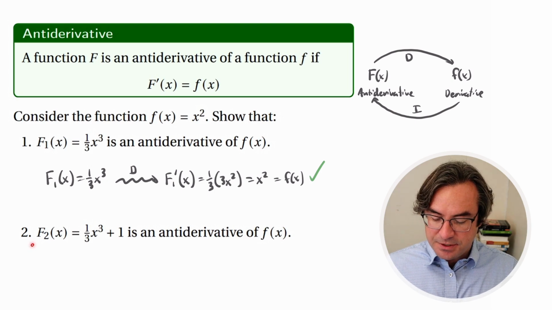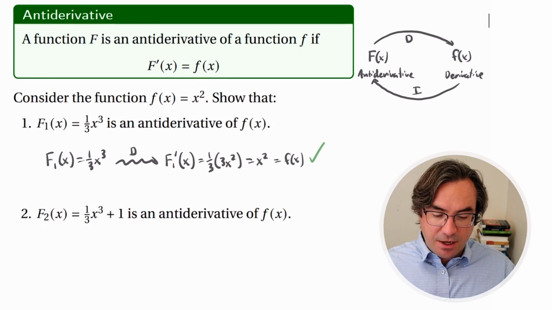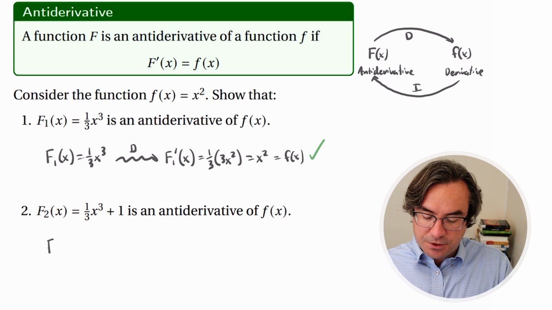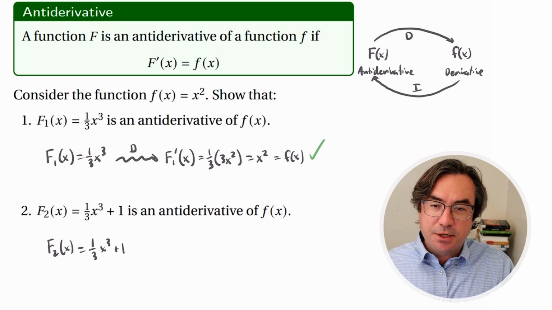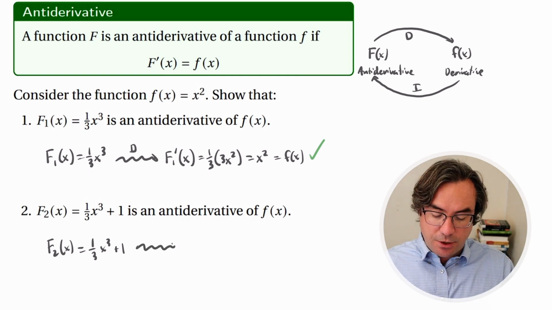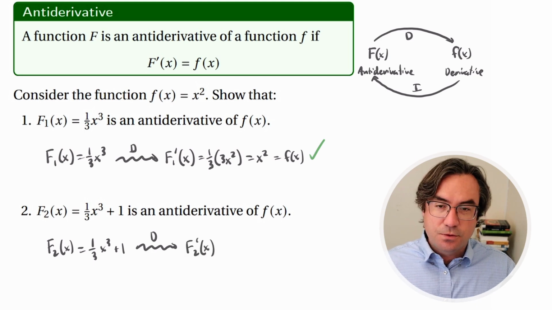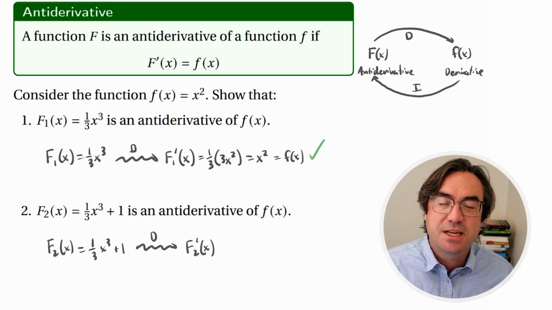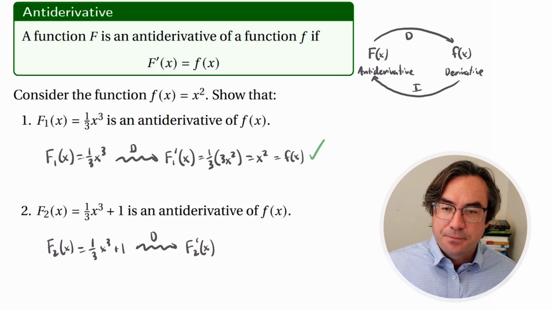Now, let's try the second one. Let's start with this other function. This one's called F2 because it is technically different. We're going to start with 1/3 x cubed plus 1, and we're going to differentiate this. When we differentiate, this will give us F2 prime.